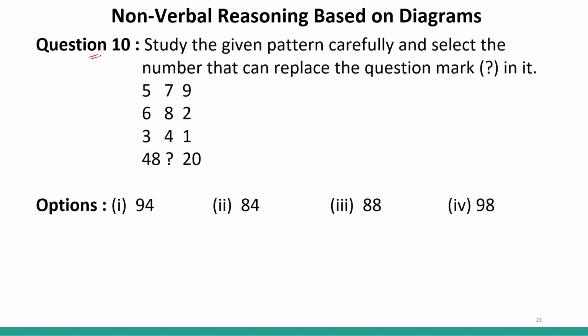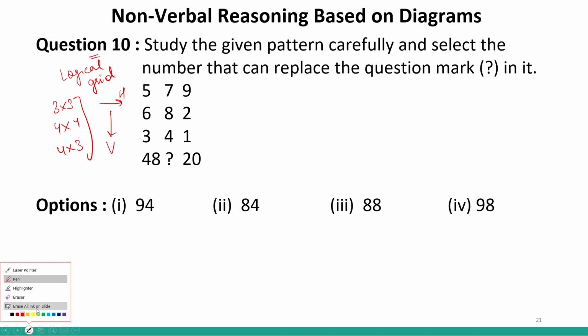Question number 10 is a question of logical grid. Logical grid, I have told you, we can get 3 into 3 grid, 4 into 4 grid, or a 4 into 3 grid. So this one is a 4 into 3 grid where we have 4 rows and 3 columns. We can either have 3 rows and 4 columns as well. Also, I told you that logical grids are either solved horizontally or they are solved vertically. Okay.